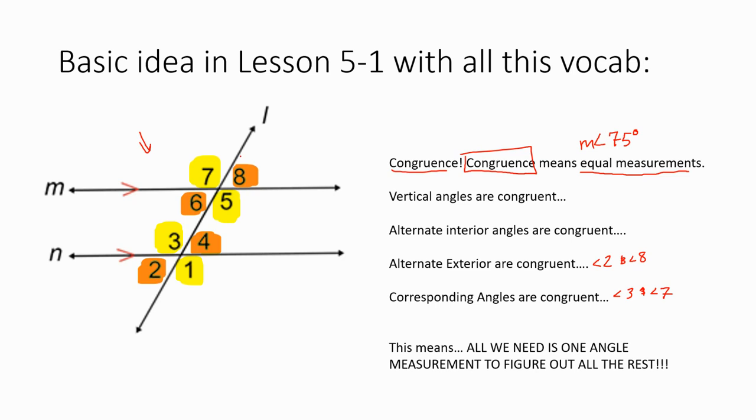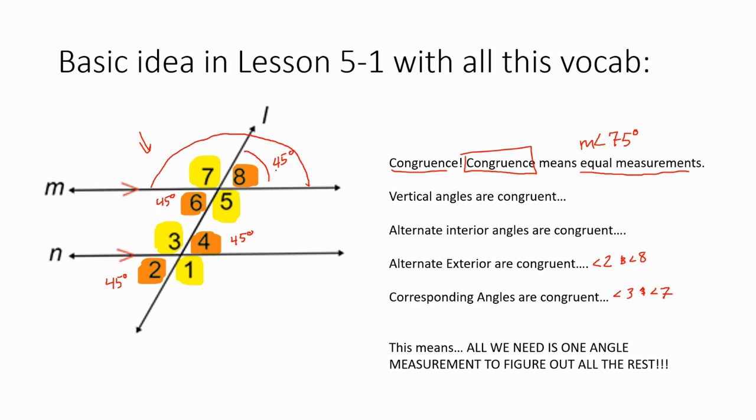Let me explain. Let's say that this is 45 degrees. Well, based on the fact that angle 8 is 45 degrees, I can put 45 degrees at angle 6. I can put 45 degrees at angle 4. And I know angle 2 is going to be 45 degrees. How about angles 7, 5, 3, and 1? Well, we can use the rule of supplementary angles to find the rest of them.